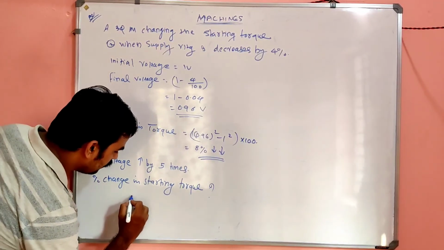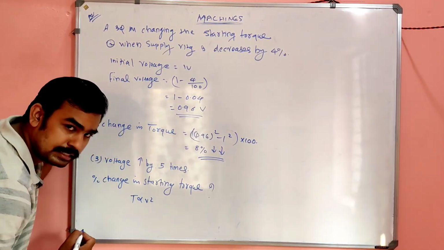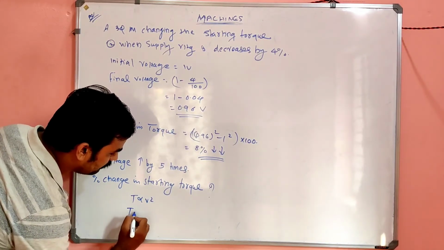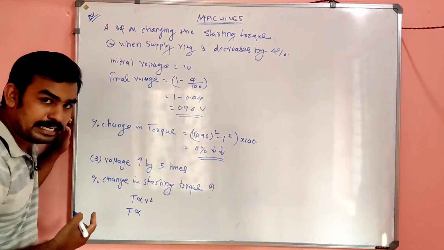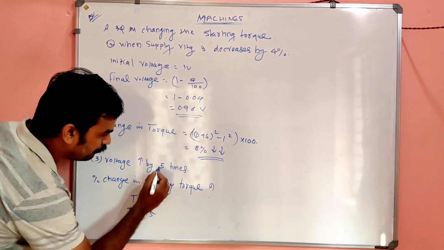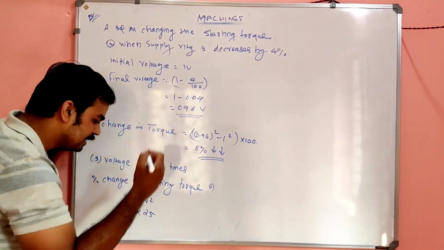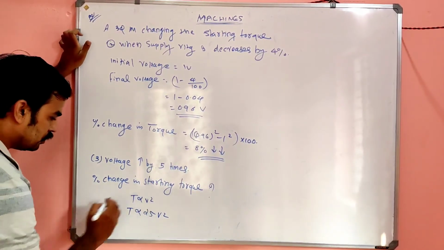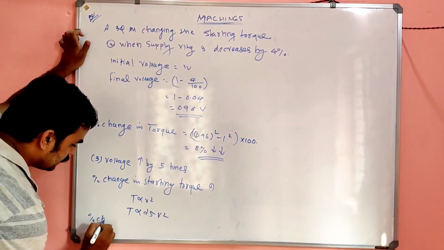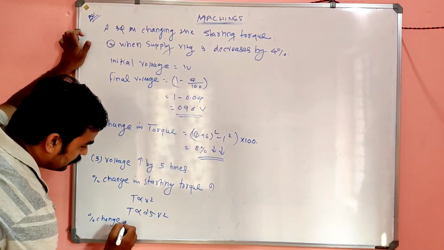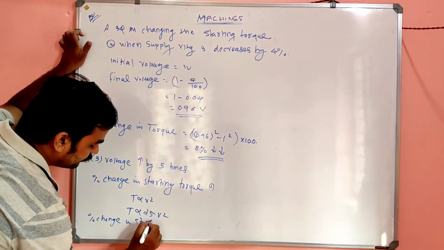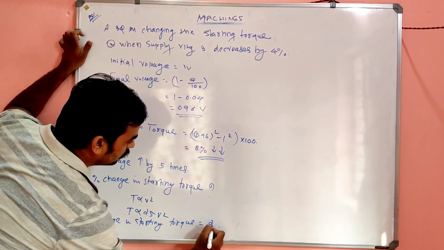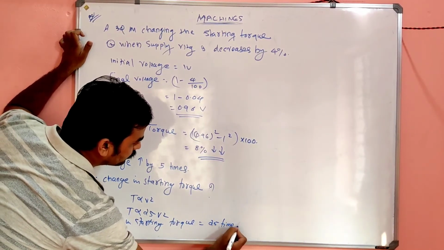You have to find T proportional to V square, correct? So it will be 25 times, right? 5 square means 25 times V square. So the starting torque changes to 25 times.